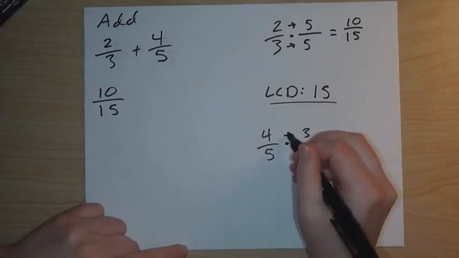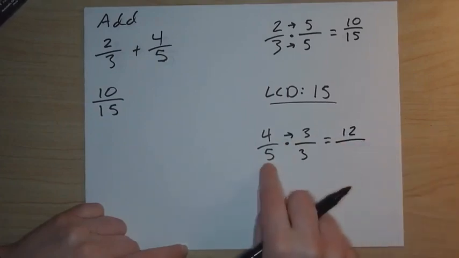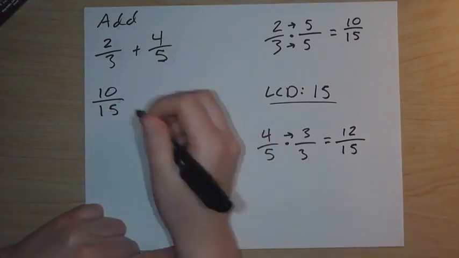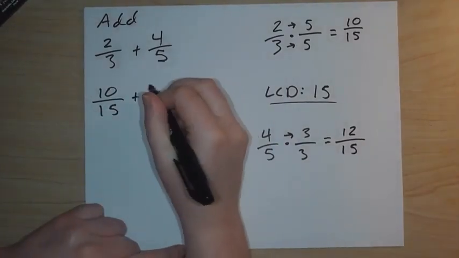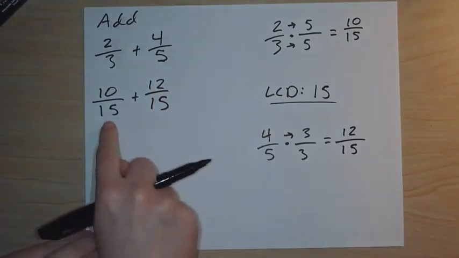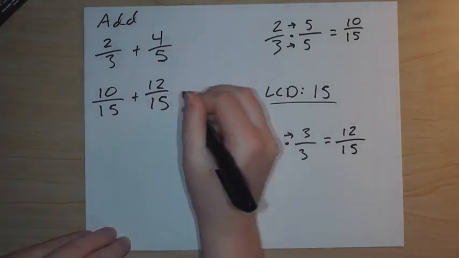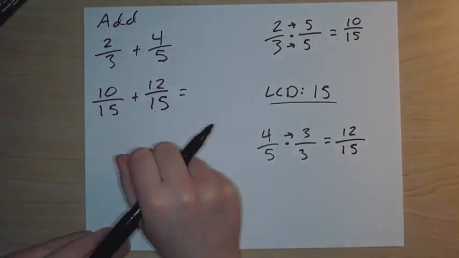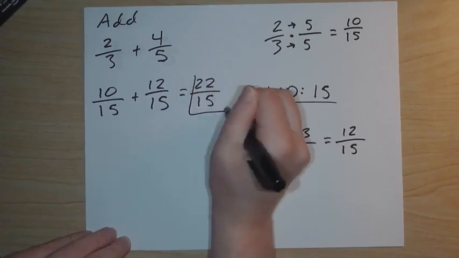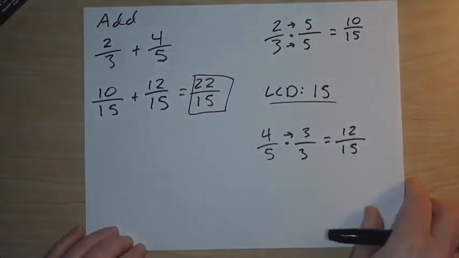So 4 times 3 is 12. 5 times 3 is 15. So rewriting this, going down here, it's 12 over 15. And now the denominators are the same, so we can add. So 10 plus 12 is 22 over 15. So we've successfully added those fractions.